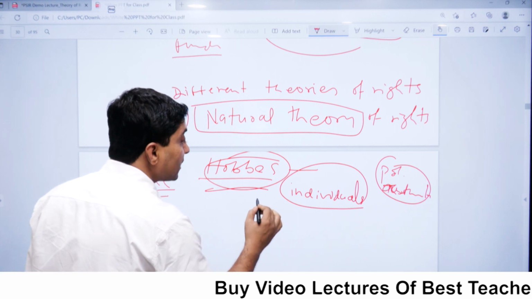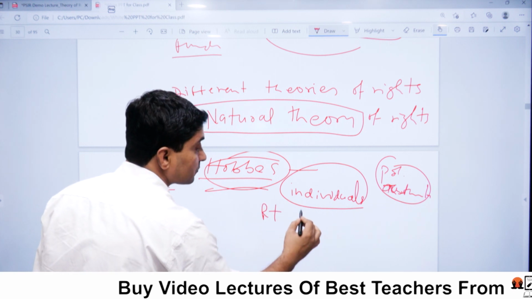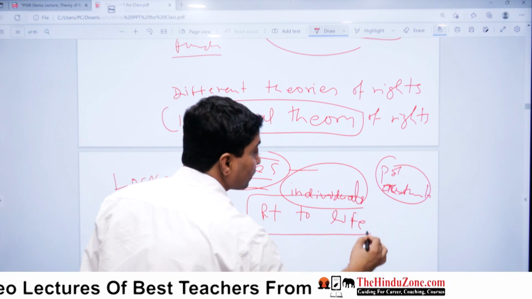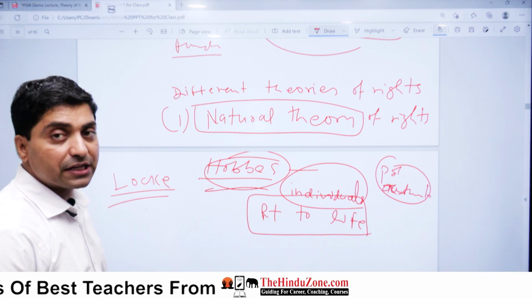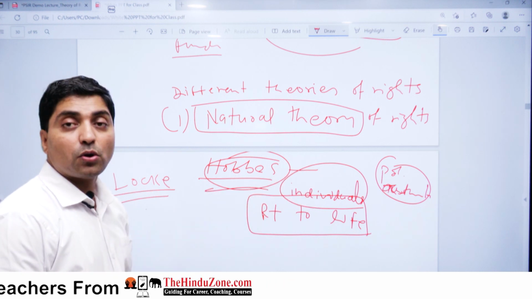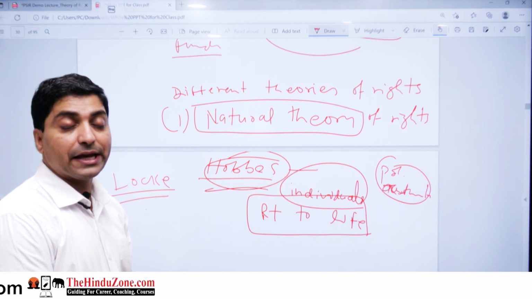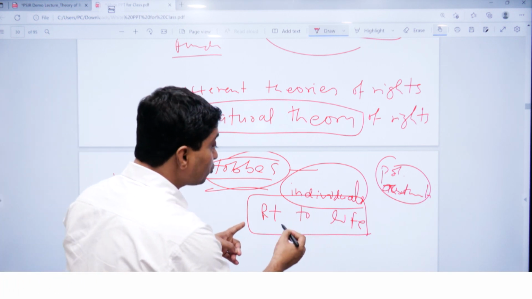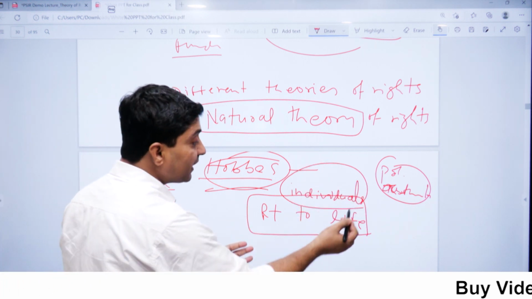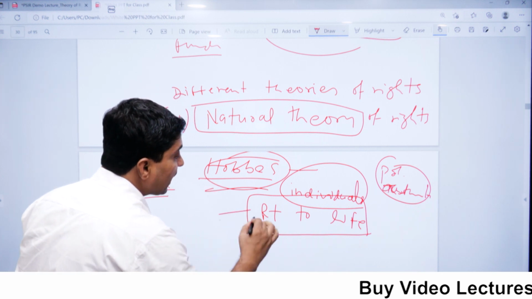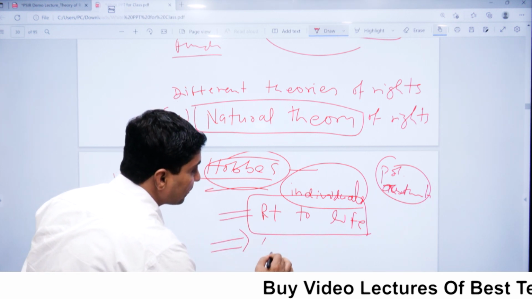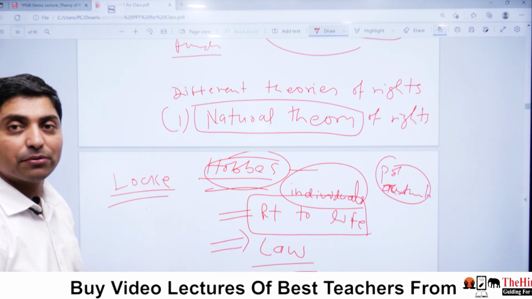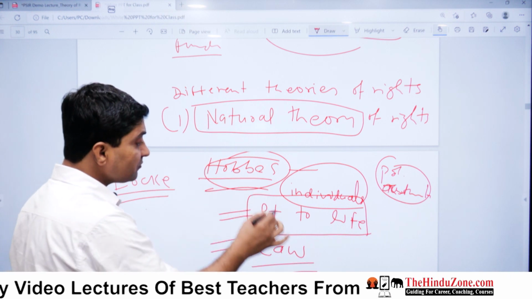So the individual has the right to life when government is formed, but not all rights, because he has given all rights to the king. Except the right to life, he has given all rights, and he has rights where law prescribes. Whatever the law says, they will have rights under the state.